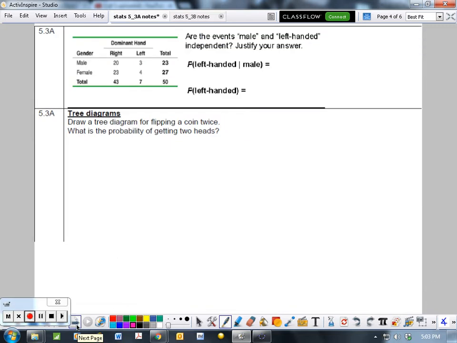Okay, so we have gender and dominant hand. And we want to check to see, are the events male and left-handed independent? So we're going to go ahead and check the probability of left-handed given male. So right now we're saying male is our only option. We have 3 that are left-handed out of the total 23 males.